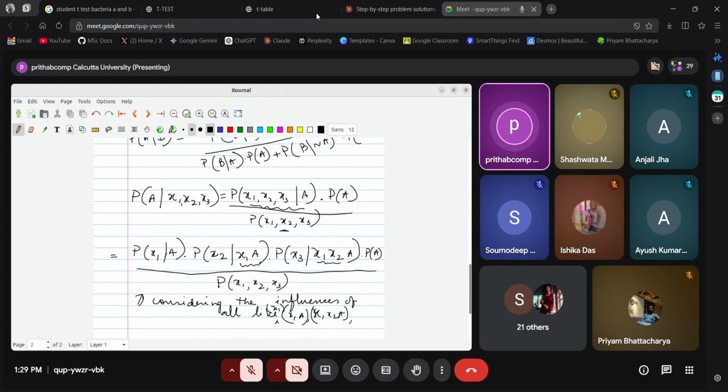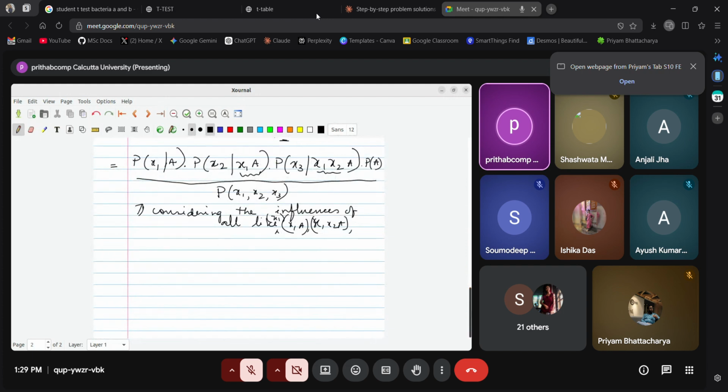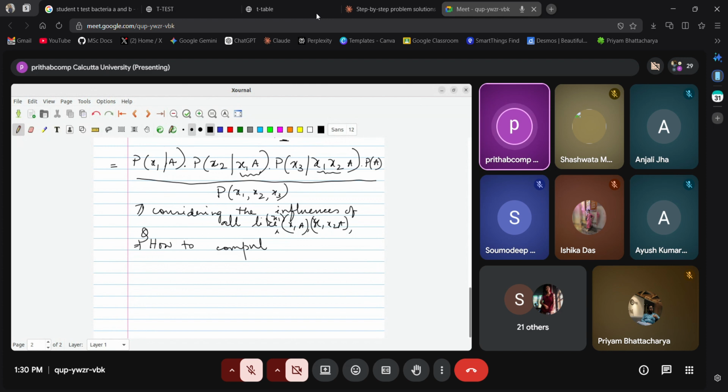So all the things we have taken. But how will you get this influence? The question is how to compute these influences. It comes from what is called the joint probability, and this is unknown to us.